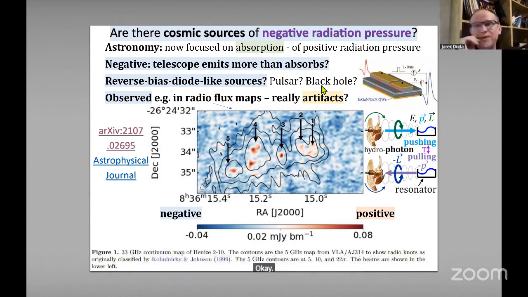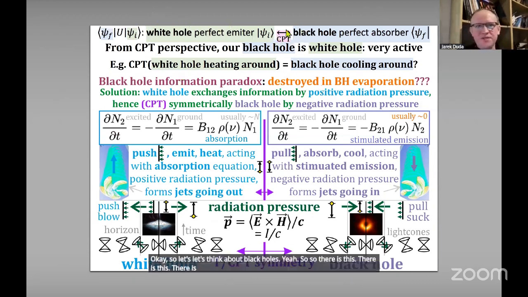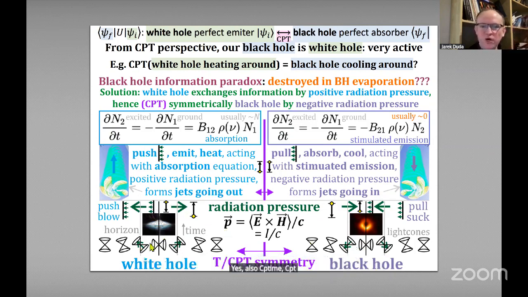Okay, so let's think about black holes. There is this CPT symmetry, with which black and white hole are related. A white hole only allows photons to go out; a black hole only allows photons to go in. CPT symmetry switches between white and black hole.